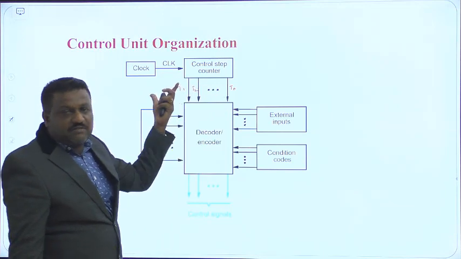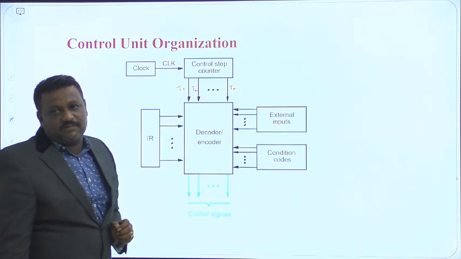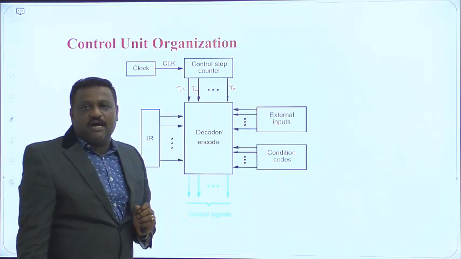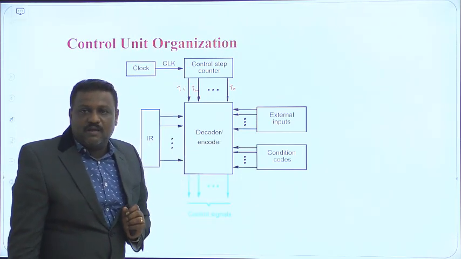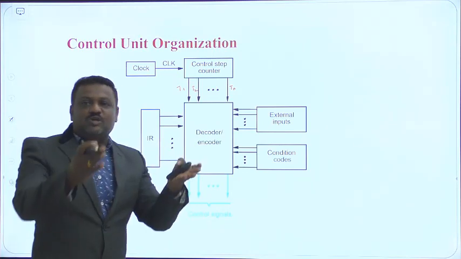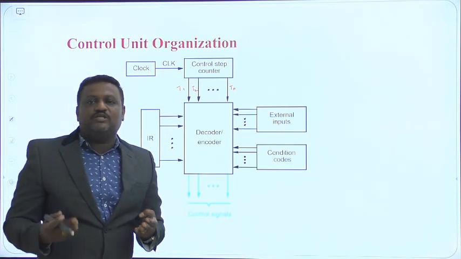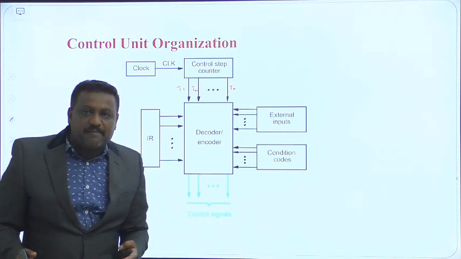These are timing signals I get from the clock signal through this control step counter. This is one input for this decoder/encoder circuit. What will be the other input? The instruction register. Definitely, based on the instruction itself, I must generate the required control signals in order to execute that instruction in a proper way.